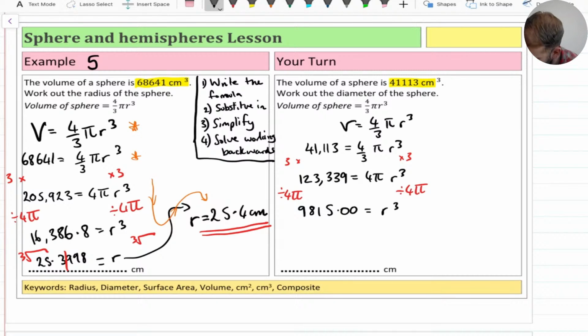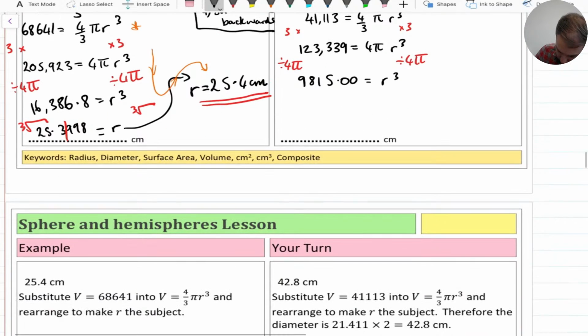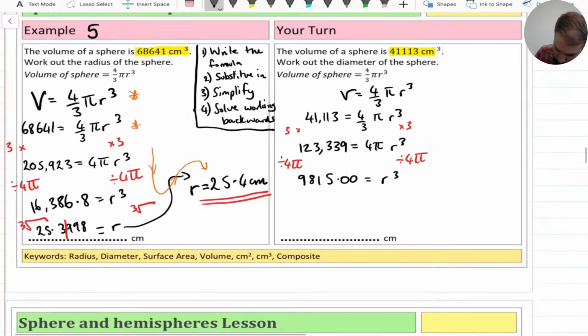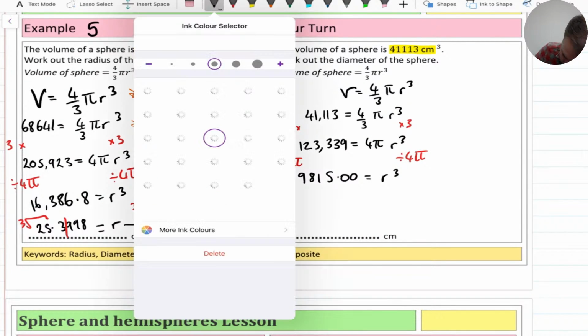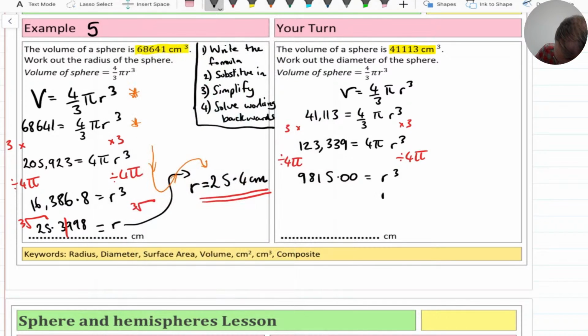So then the last little part is I need to cube root this. So if I cube root this, the cube root of this answer, r, is equal to 21.4 centimeters. Now you've got to be careful with this because we've just worked out what r is, haven't we?